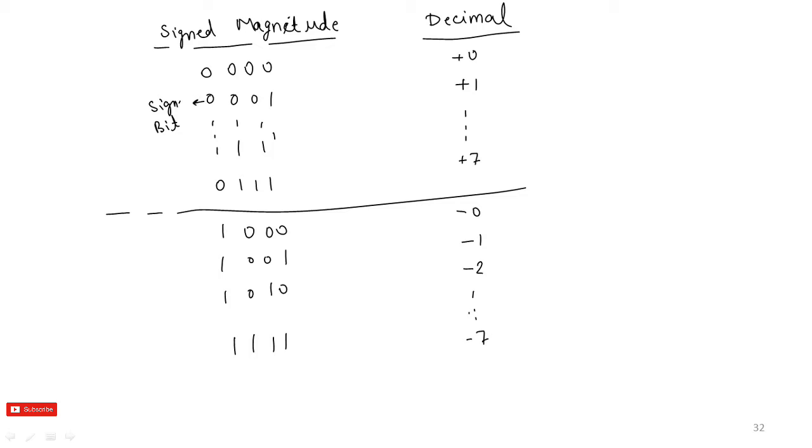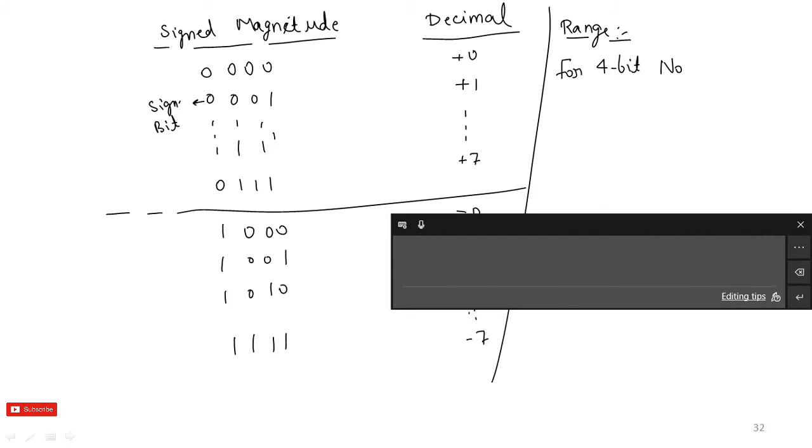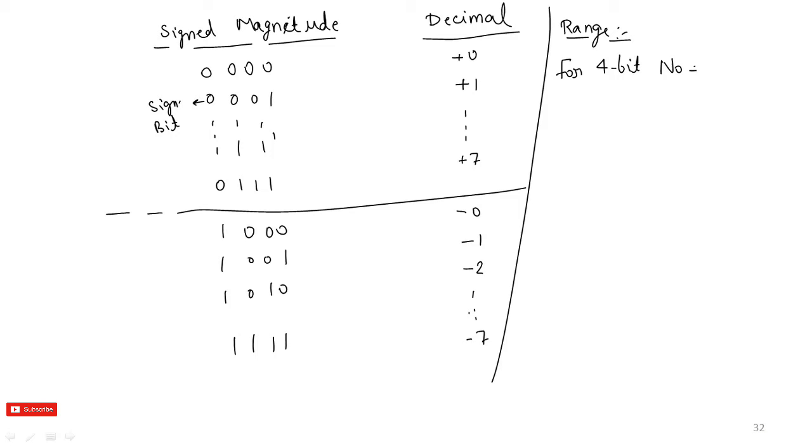So in this signed magnitude, what is the range? The range of writing the integer: we took a 4-bit binary number, and it is -7 to +7.